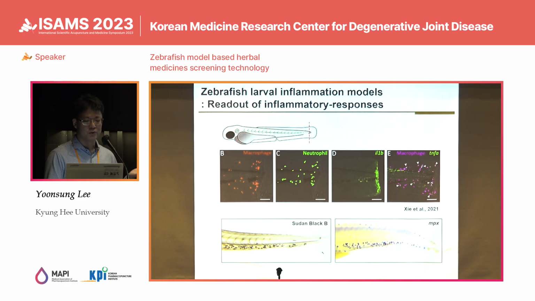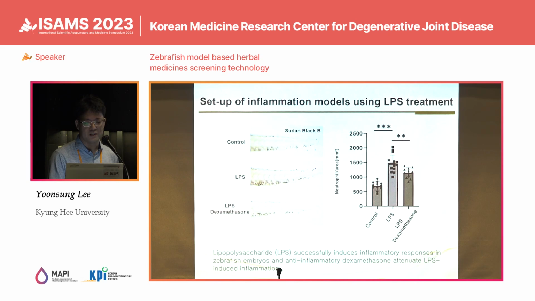So using these tools, we're trying to set up our inflammation induction model, and we chose LPS treatment, lipopolysaccharide, which usually induces inflammation in cells or animals. And we successfully induced the number of Sudan black B positive cells, which are neutrophils. We also used dexamethasone, a well-known anti-inflammatory drug, as a positive control to see whether this system can be used.